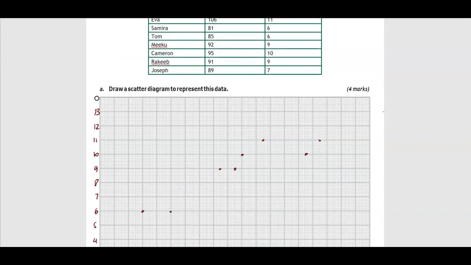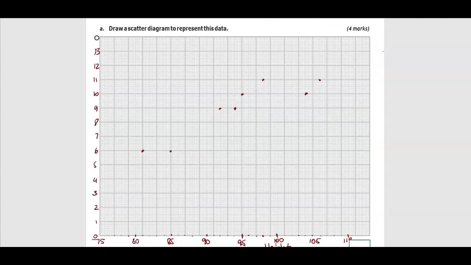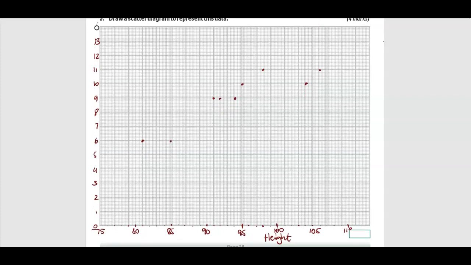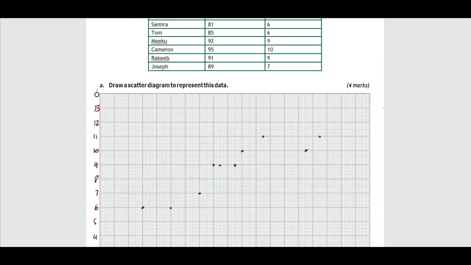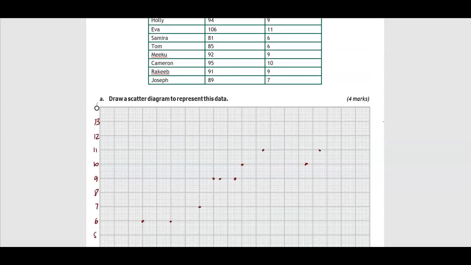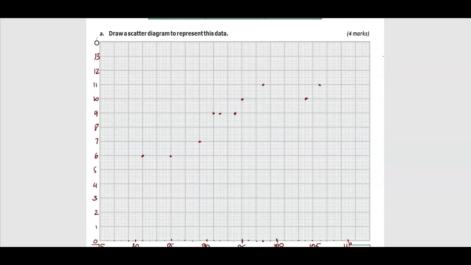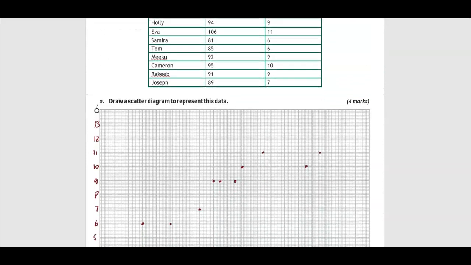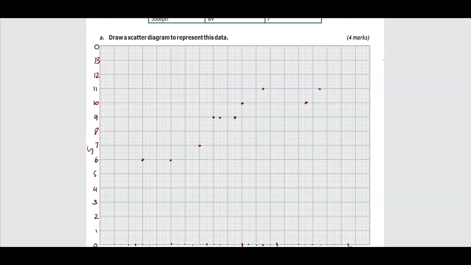Rakib 91, 9. And Joseph 89, 7. So we've finished plotting the points and we've drawn the scatter diagram. We've labeled the height, but should label this as shoe size. Now it is complete.